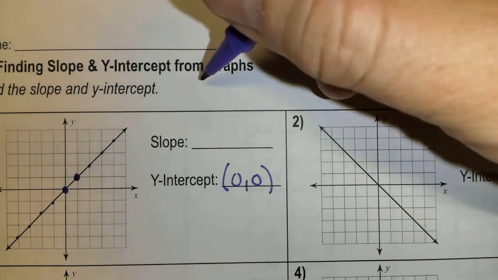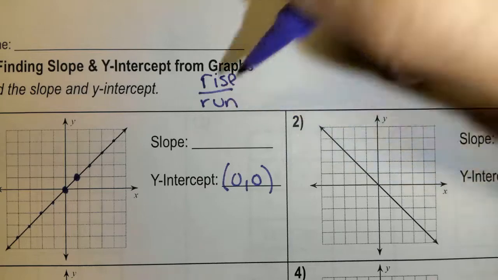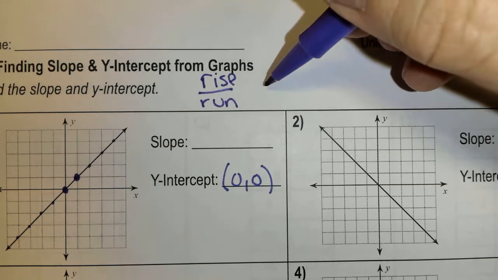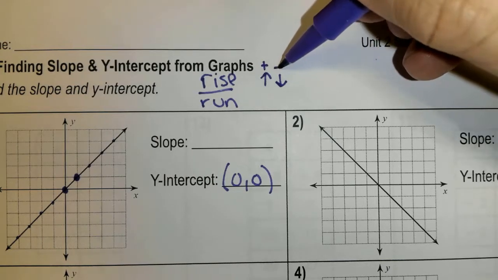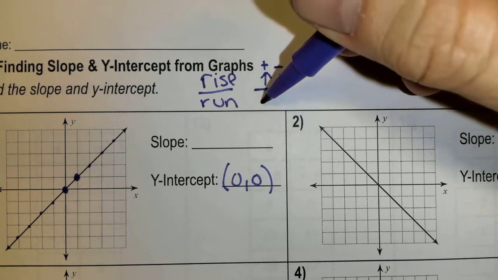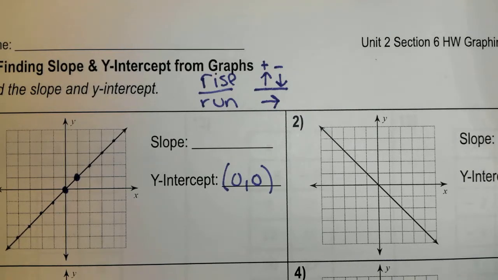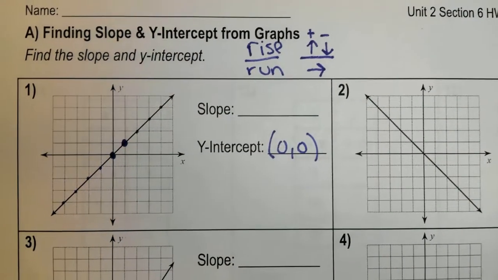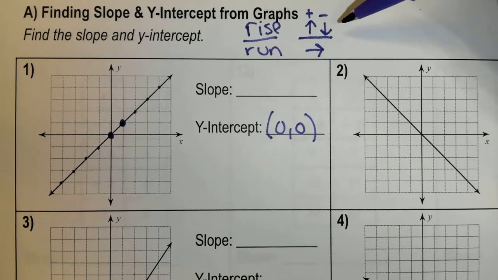We know slope is rise over run. Rise means up or down, where up is positive, down is negative, divided by run. We always go to the right, if we can. On any graph, if you are given one, you should always be able to go right. So it's always up or down first, then to the right.